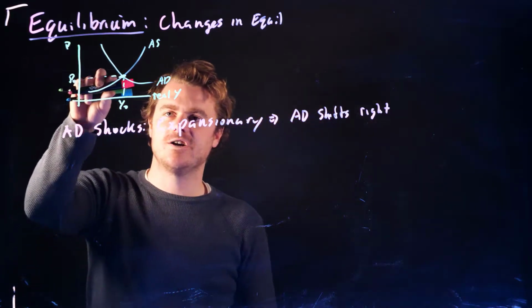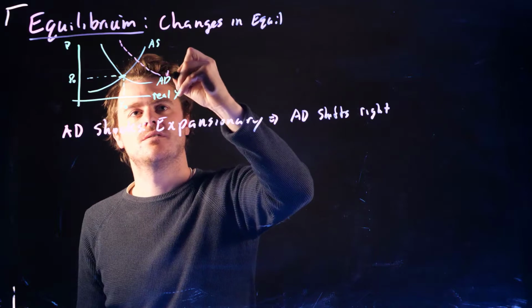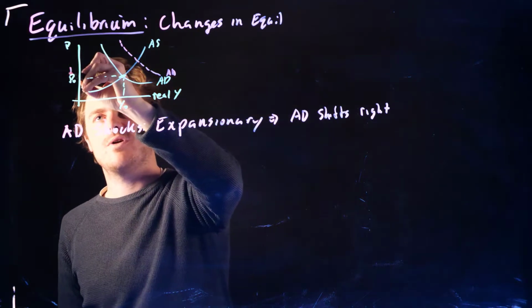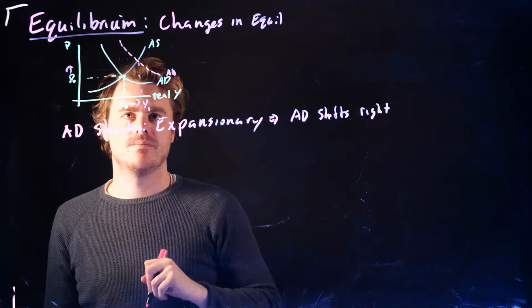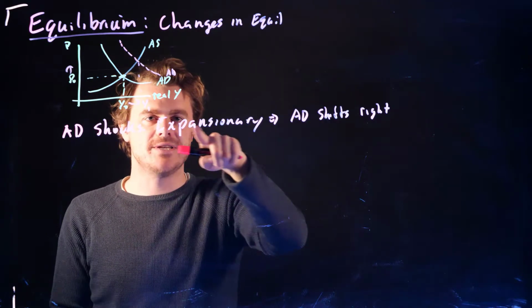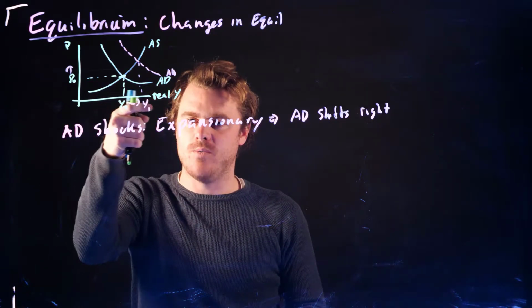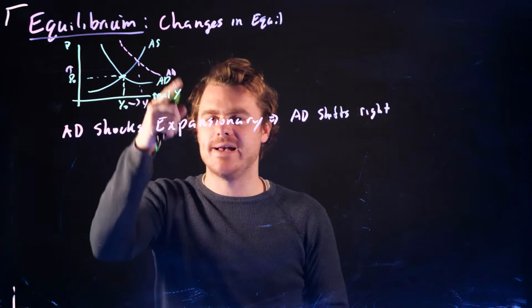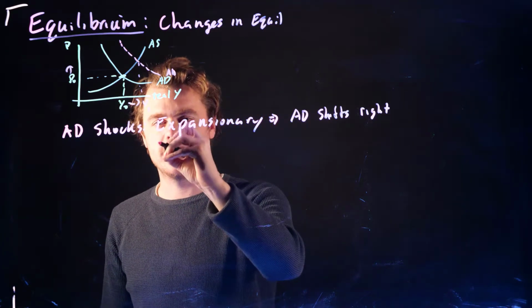If the AD curve shifts right, we can see the price level is going to go up and Y is going to go up. It's called expansionary because it has this upward pressure on real Y. The other category would be contractionary.